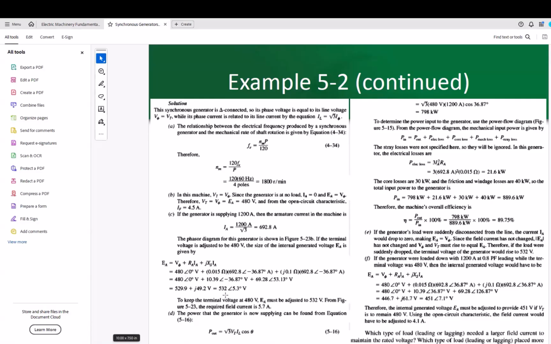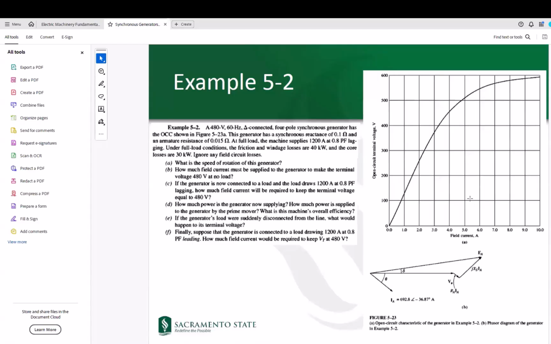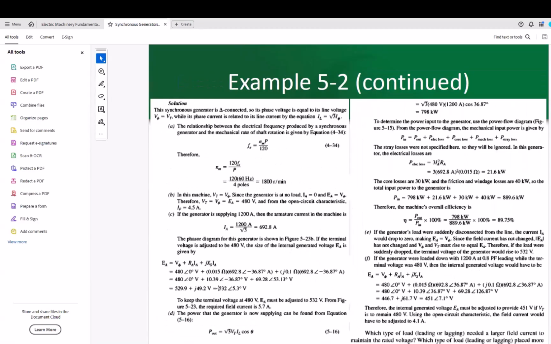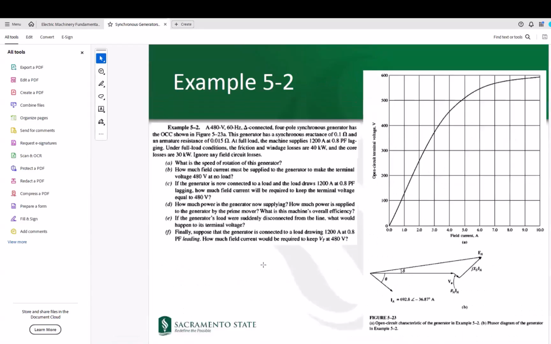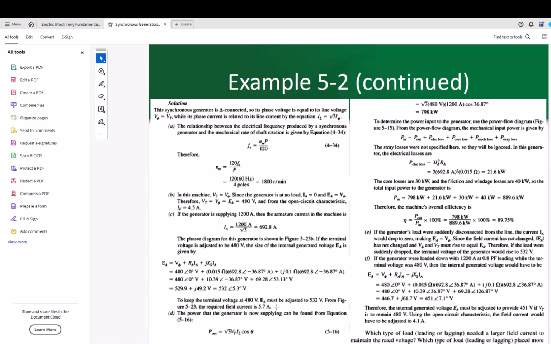Therefore, you go back to this open circuit characteristic, go to 532, and read the associated IF. If you do so, you will see that the field current must be equal to 5.7. Okay, that's the answer to part C.